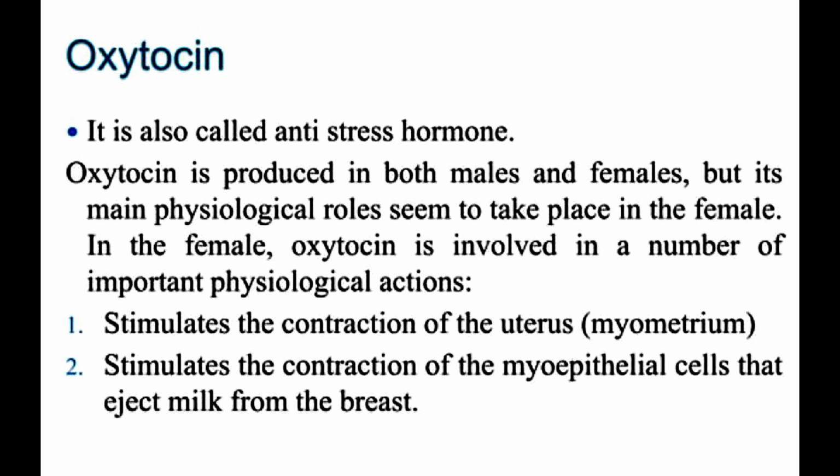Oxytocin also stimulates the release of prostaglandins in the placenta. In males, the release of oxytocin increases during ejaculation. It facilitates the release of sperm into the urethra by causing contraction of the smooth muscles. Oxytocin acts on mammary glands and uterus by G protein coupled oxytocin receptors.